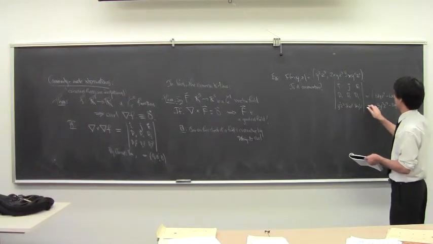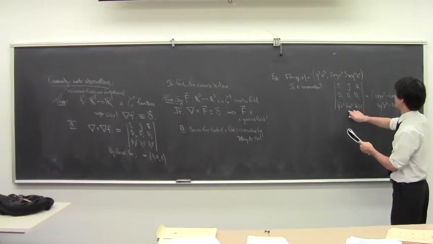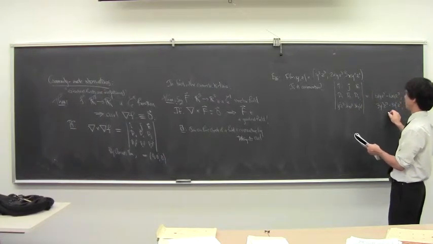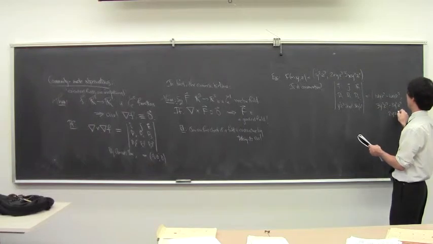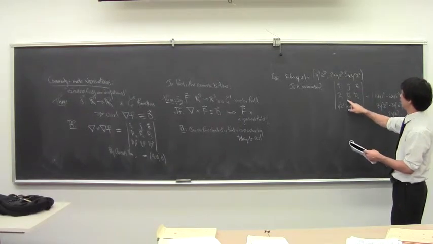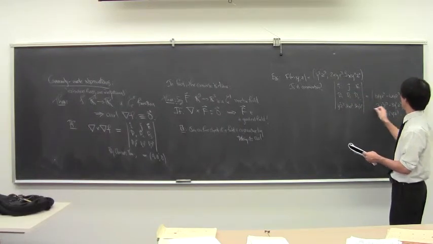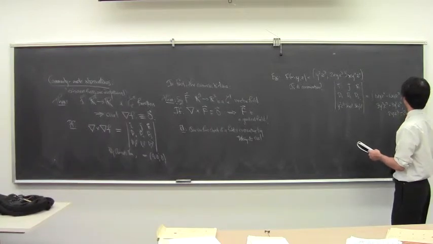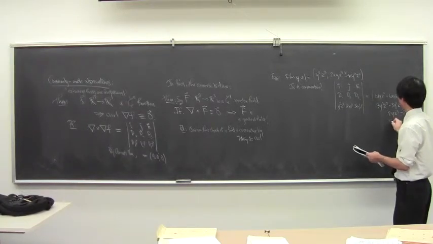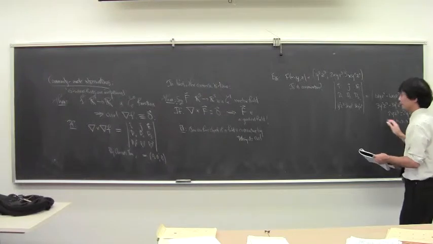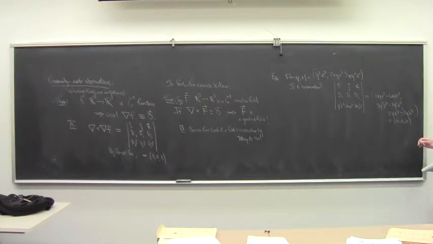And the derivative of this with respect to x, 2y z cubed, minus the derivative of this with respect to y, 2y z cubed. You get 0, 0, 0, and so I know that this field is conservative.